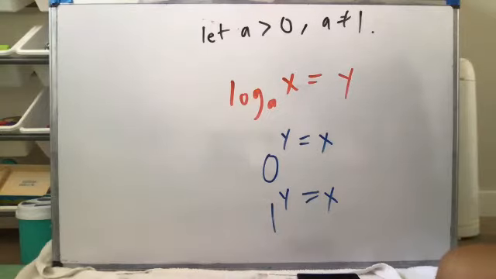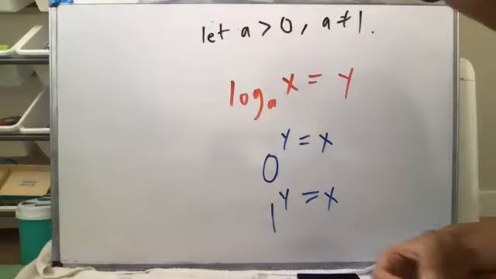I'm trying to remember why we have an issue. Negative number to a power. Oh, I'm sorry. Okay, I'm thinking something else.